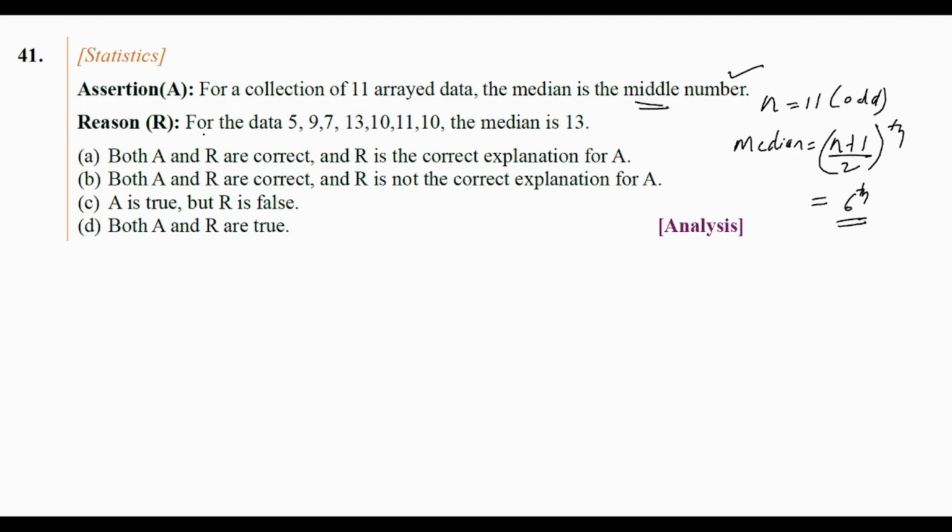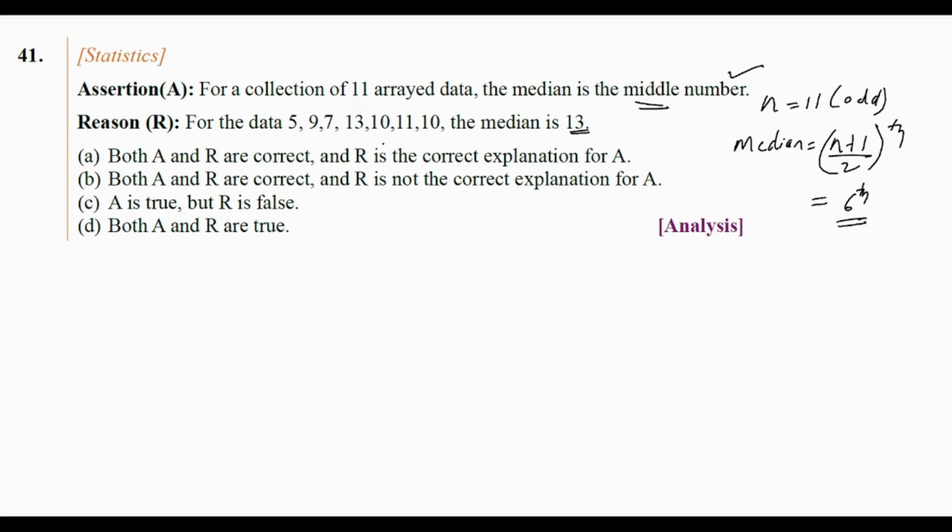Now for the data 5, 9, 7, 13, 10, 11, 10, the median is 13. So whenever you are finding out the median of an ungrouped data, first you need to arrange them in the arrayed form, in the sense of you need to arrange them in the ascending order form, children.